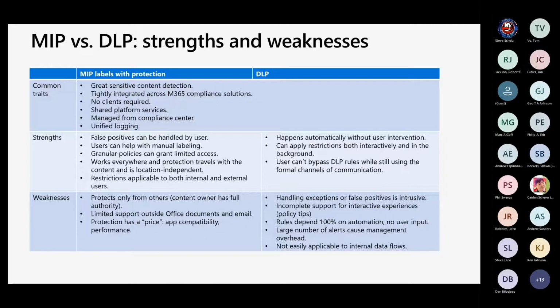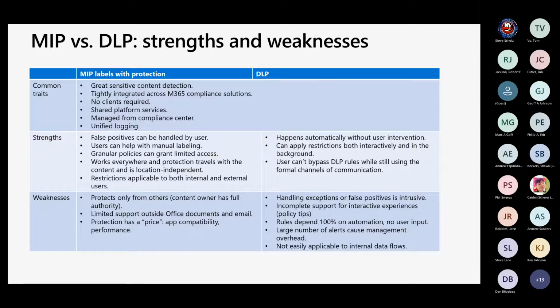Especially being in the education industry, student ID numbers is a great information type that you can create for your environment too. So being able to monitor that usage and apply additional protections to ensure that you're not compromising that data. Having that sensitive content being detectable is part of both labels and DLP.